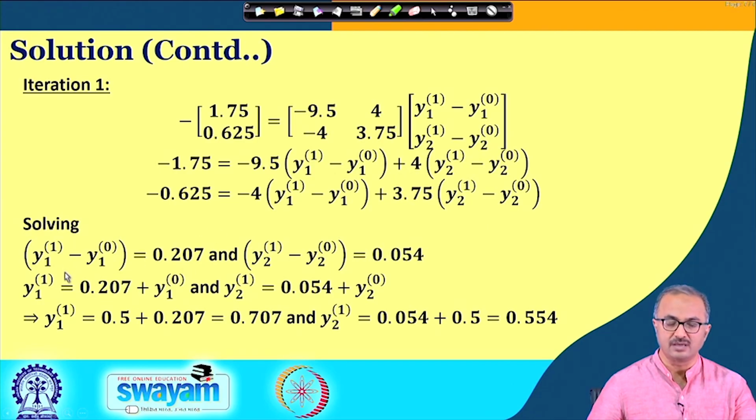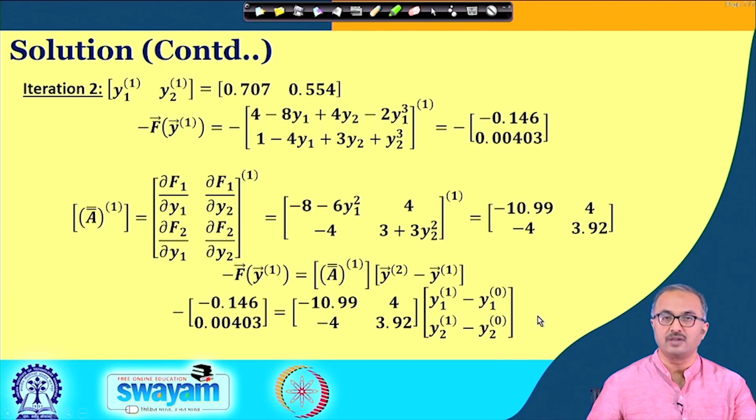I am not going into the detail of this evaluation of y1 and y2, you know it quite well. We get the values of y1 and y2 like this. After getting these values, we have moved from 0.5 up to 0.7 for y1, and up to 0.554 for y2.